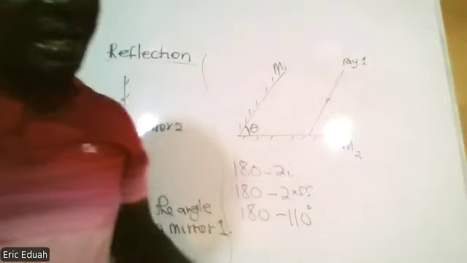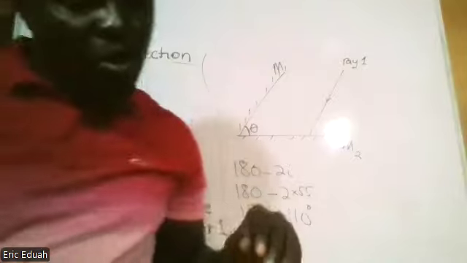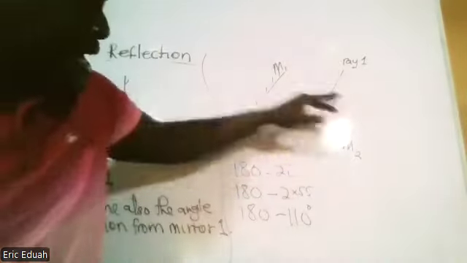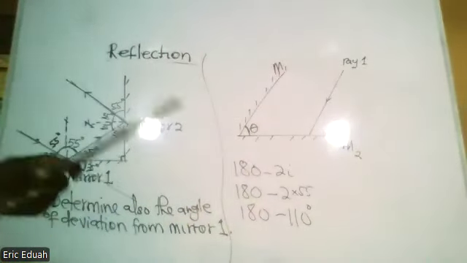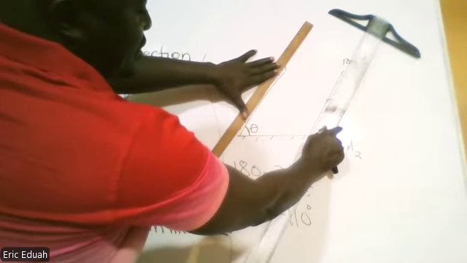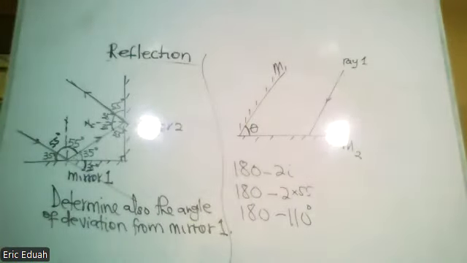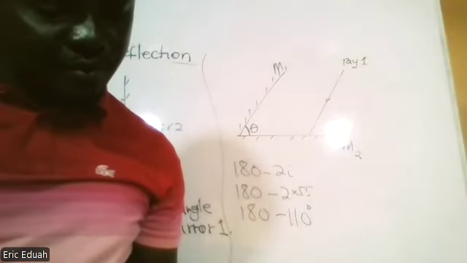A ray of light 1, which is parallel to M1. This ray is parallel to M1, and parallel lines do not meet. So look at ray 1 and mirror 1, they are parallel. A ray of light 1, which is parallel to M1, strikes M2.